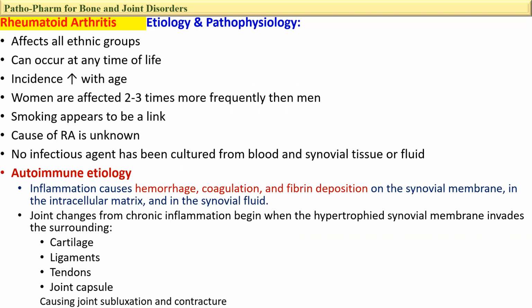With autoimmunity, we see that the inflammation causes hemorrhage, coagulation, and fibrin deposition. There are changes that begin when a susceptible host experiences an initial immune response to an antigen, and that's the basis for any autoimmune disease: an antigen, and then susceptibility to initiate an immune response against it.